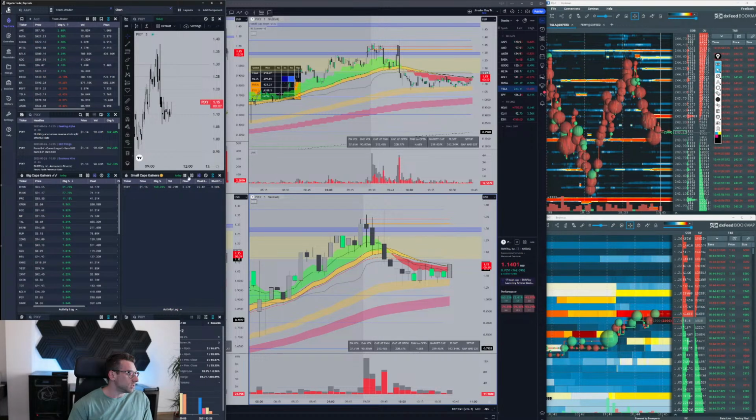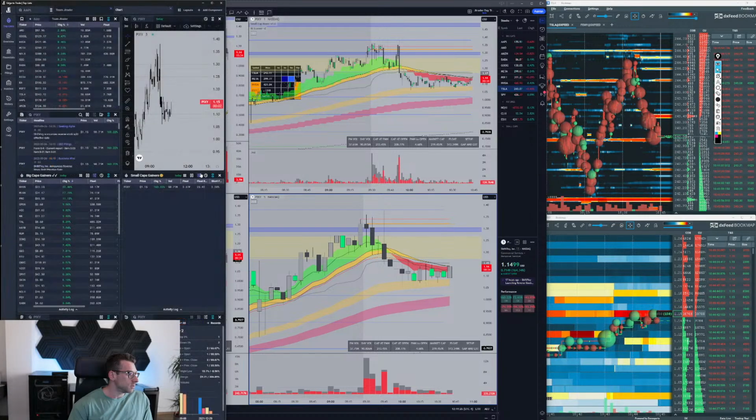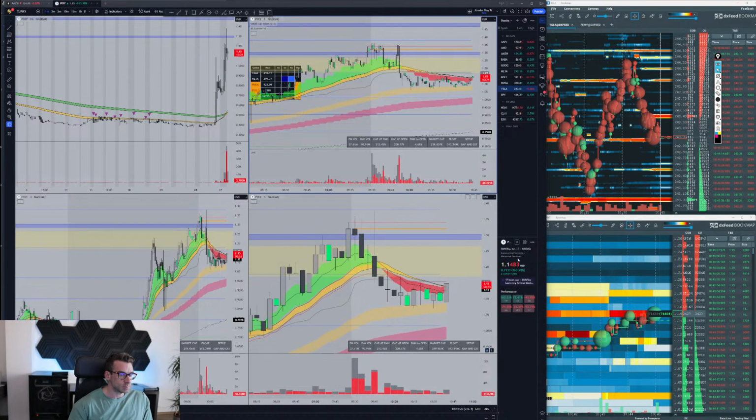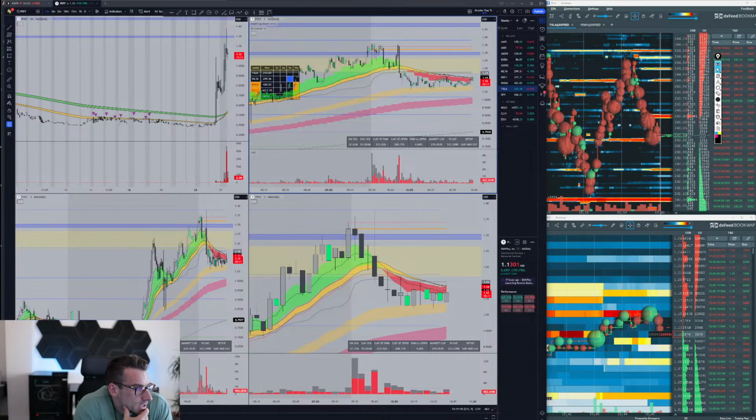Looking if we have anything else in the scanner. So the only way that I'll be interested in Pixie again is if we can get this 125, 130, but for now I only see this like rejecting J lines.